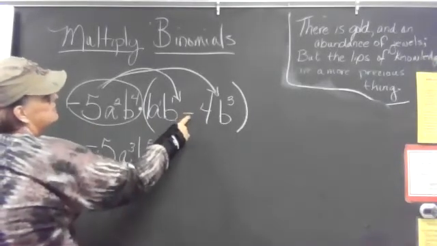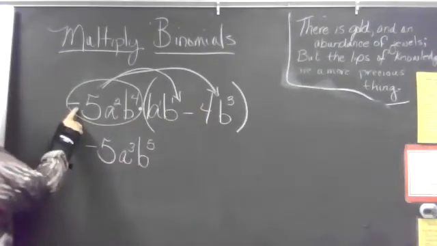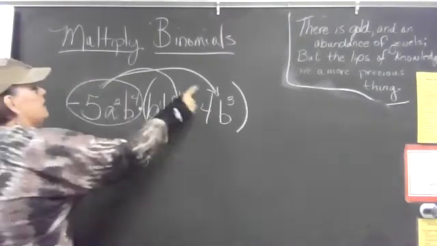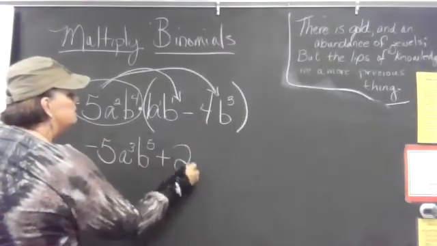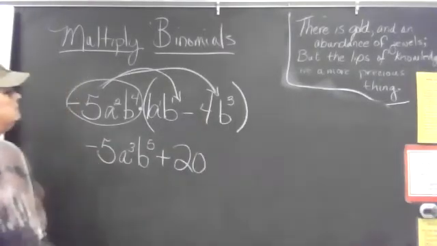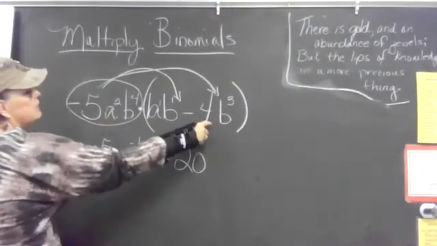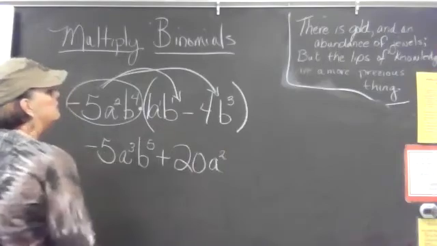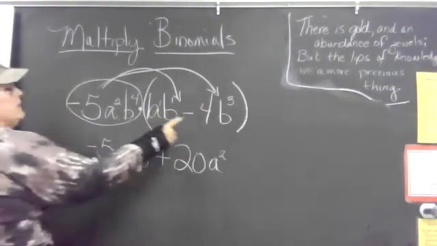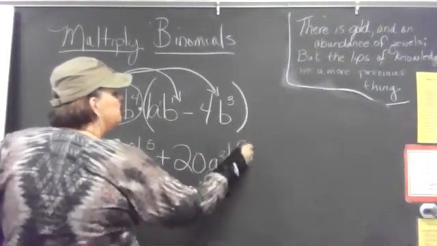A minus and a negative work the same way. So I have a -5 times a -4 is a +20. And then an a, there's no a's over here, so I only have the a squared. And then I'm looking at the b's, and I will have b to the 7th.